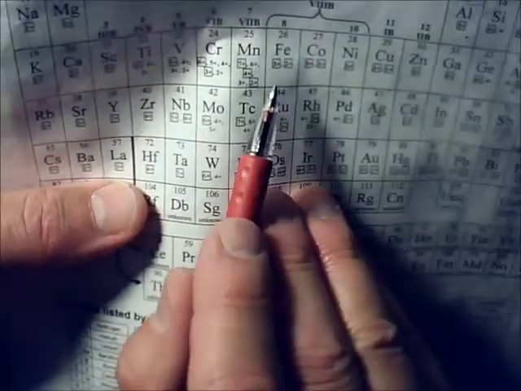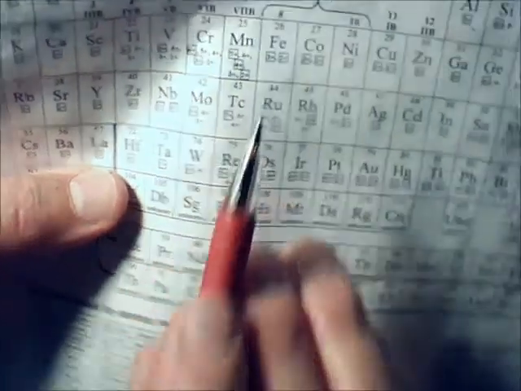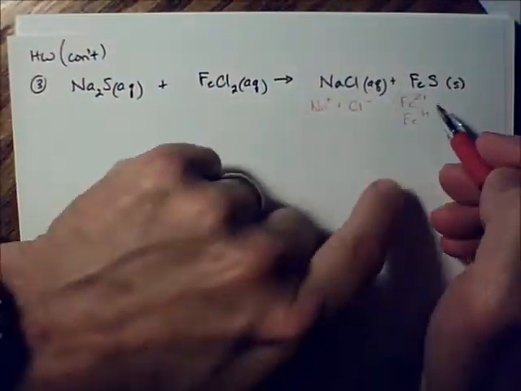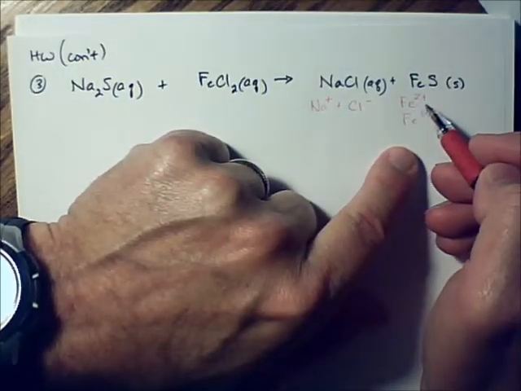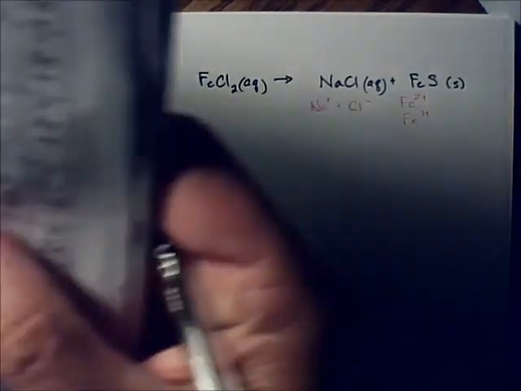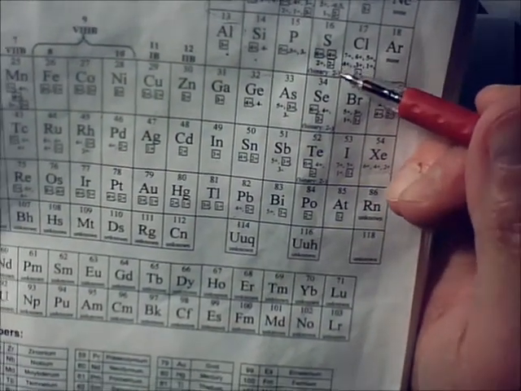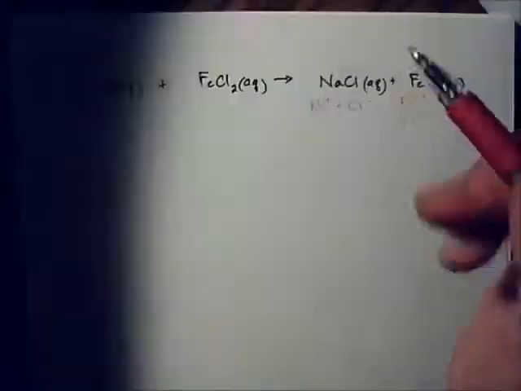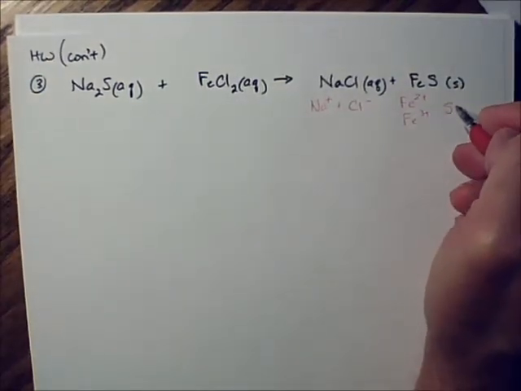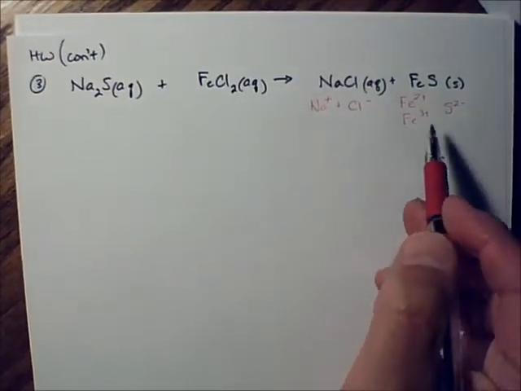And it tells you that iron has two different oxidation numbers, 3+ and 2+. All right? So we've got to figure out what its charge is going to be. Now, sulfur, on the other hand, in a binary compound, when it's bonded with something that's positive, has to have a 2 negative charge. So sulfide is 2 negative.